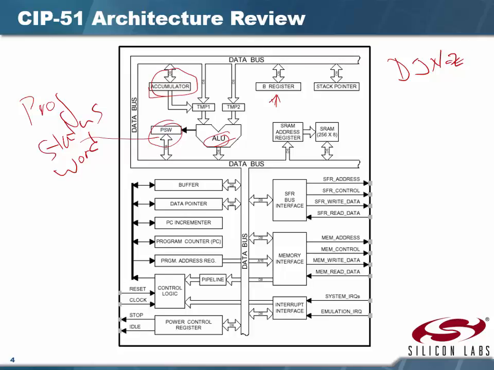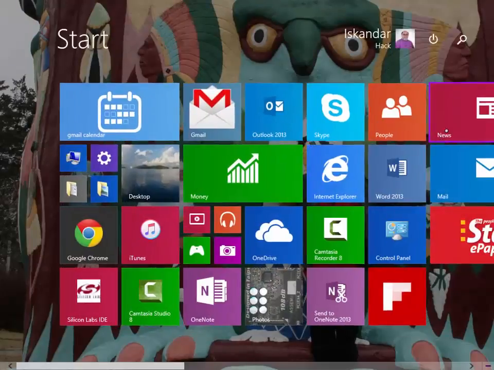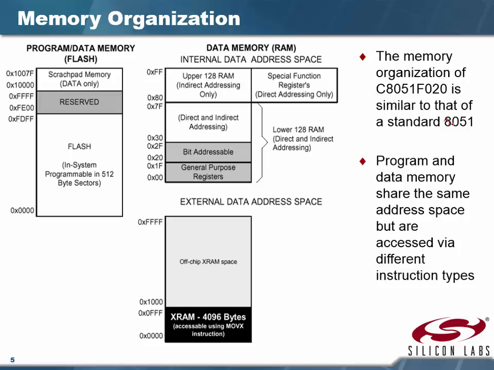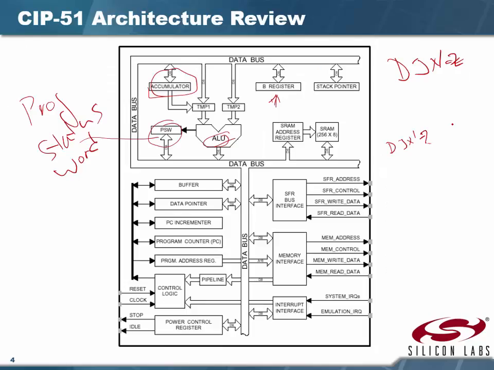Remember, we had an instruction that said decrement not 0, and we would say R1 and put the dollar sign, which simply means here. So that decrements R1 and jumps back to the same location if it's not 0.